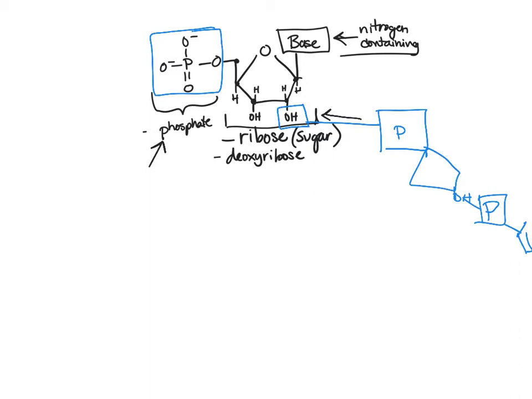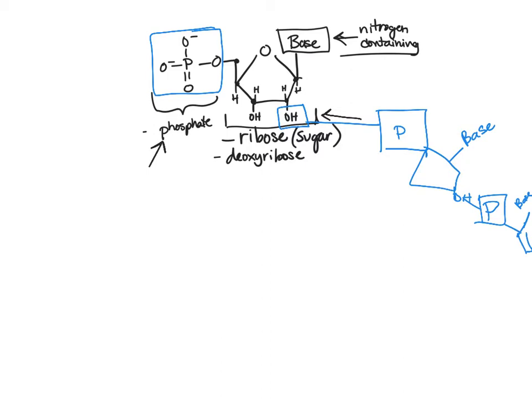And so then what we end up having is this long chain, similar to what we saw in our amino acids. What we didn't account for here are the bases, which are going to be sticking off the side here. Of course, this is a little bit rough on the edge here, and we'll take a closer look at what this really looks like in just a moment. Just to start off with, the bond is going to form between the phosphate of the one nucleotide and the sugar of the next nucleotide.